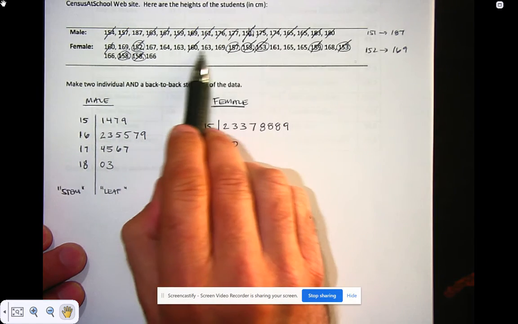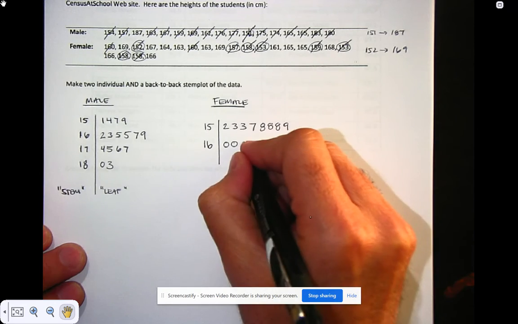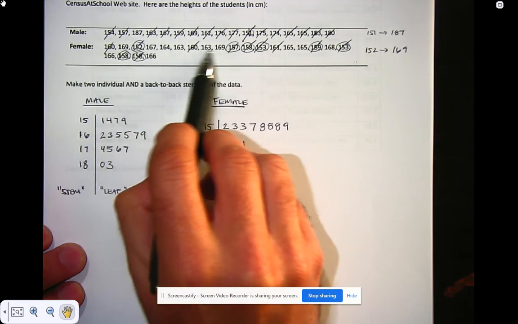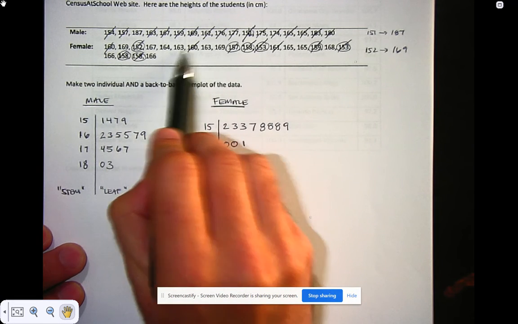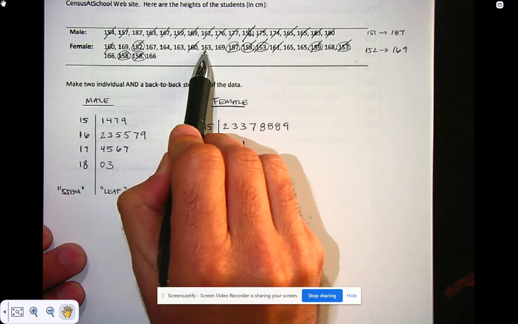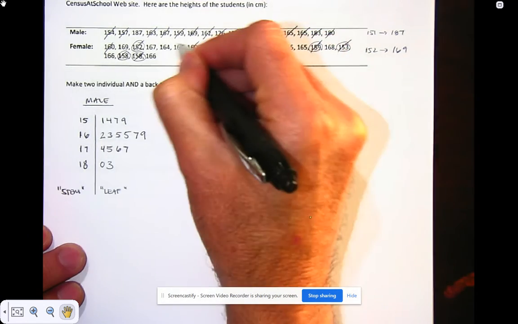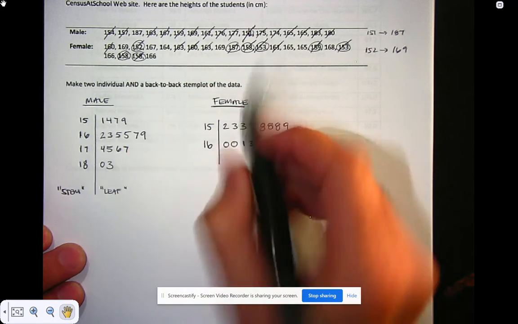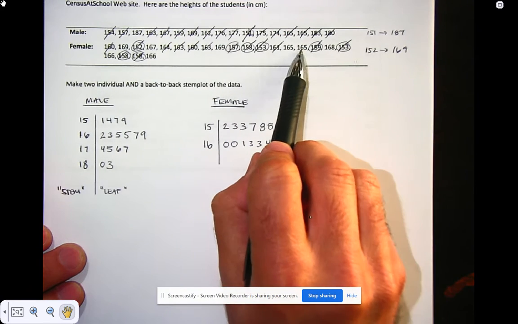Do we have any 161s? There's a 161. So I'm going to put a 1 and cross that out. 162s, doesn't look like it. 163, I've got 2 of them. So I've got 2 3s. There's a 4. And then I've got 5, 5.